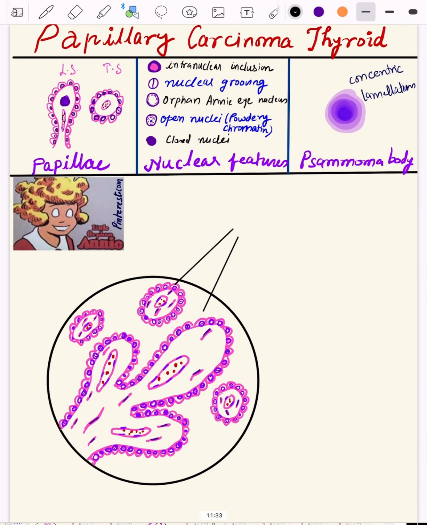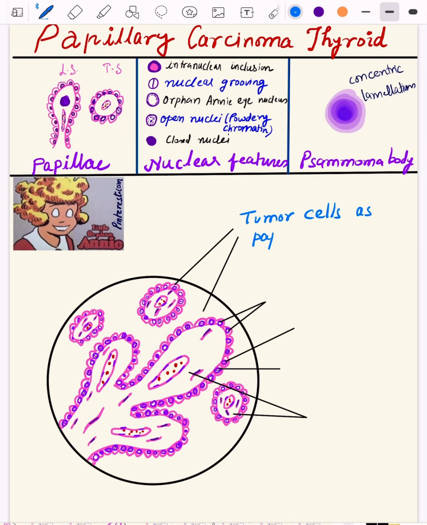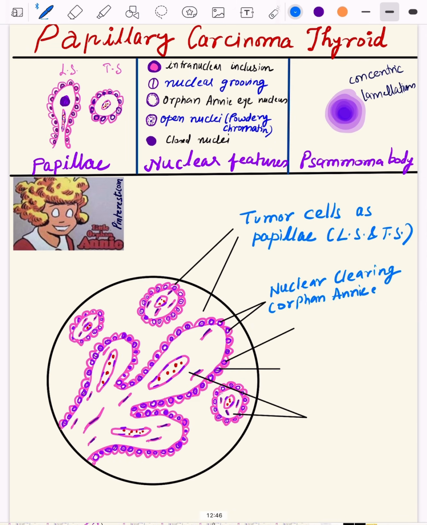and then you make the labeling. So these are the tumor cells, cuboidal, lining the papillae. So tumor cells lining the papillae in the longitudinal section and transverse section. Then you label the nuclear features like nuclear clearing, known as Orphan Annie nucleus.